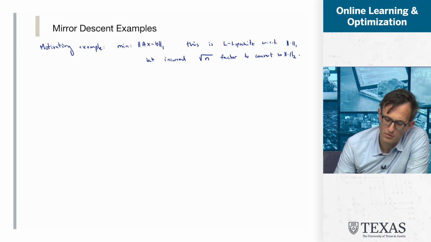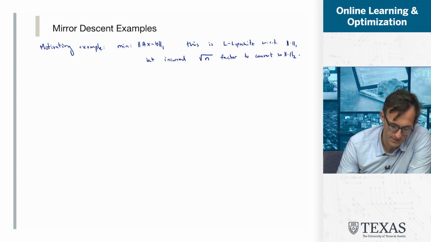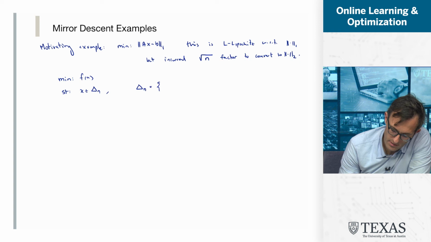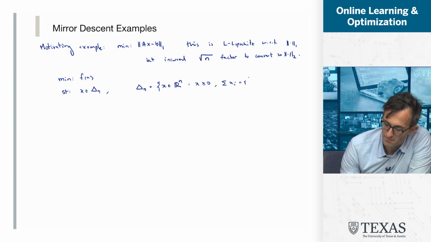But rather than going into the specific example, let's go into something slightly more general. I want to minimize a function f of x subject to x in the simplex in n dimensions. The simplex is all n-dimensional x such that x is non-negative, in the positive orthant, and x sums to 1.